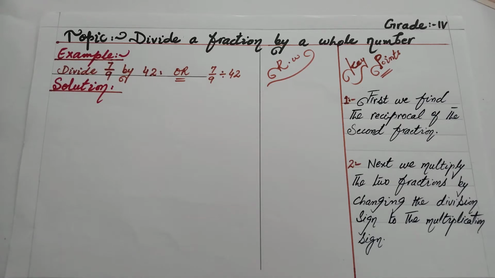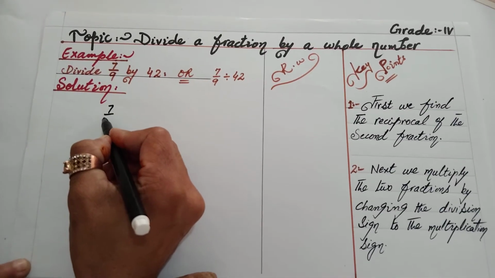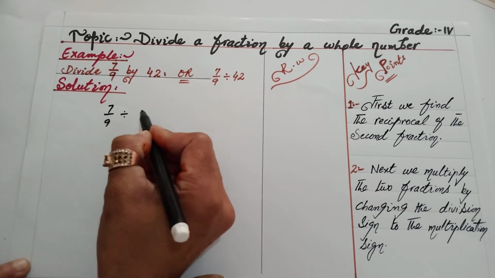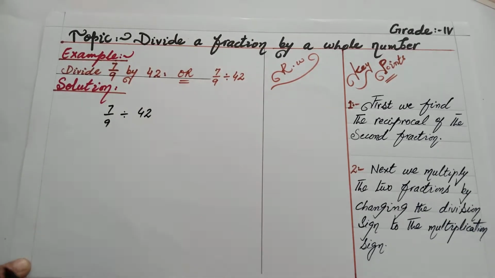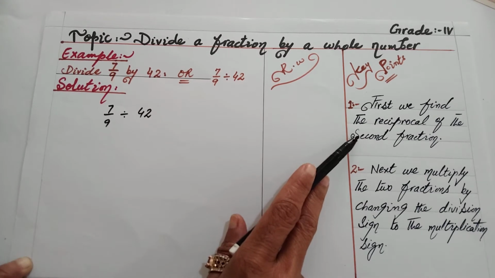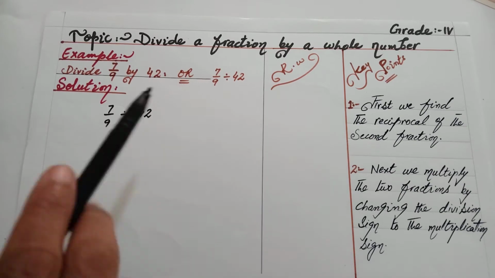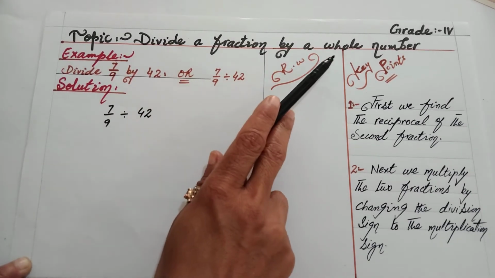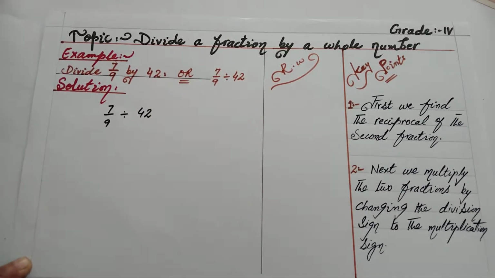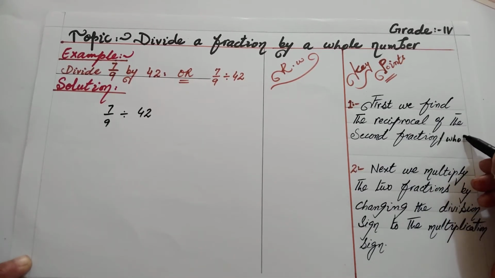Let's start the example. As our question is 7 by 9 divided by 42, 7 by 9 is a fraction and 42 is a whole number. So according to the first step, find the reciprocal of the second fraction or second number. As our topic is divide a fraction by a whole number, along with the fraction you can write here whole.